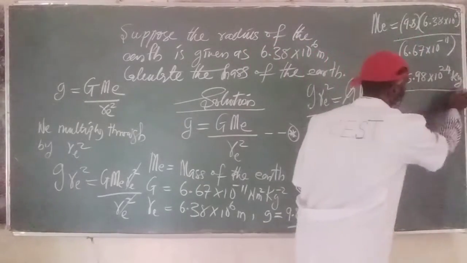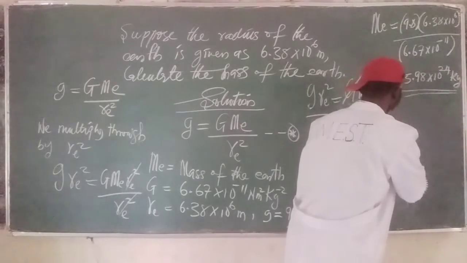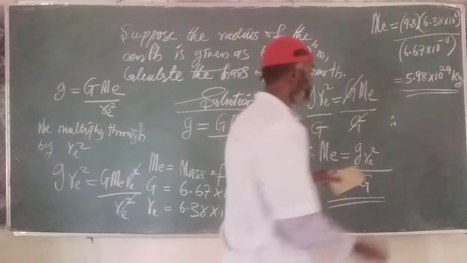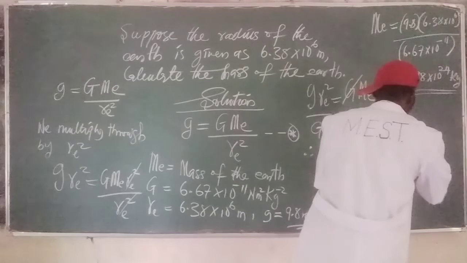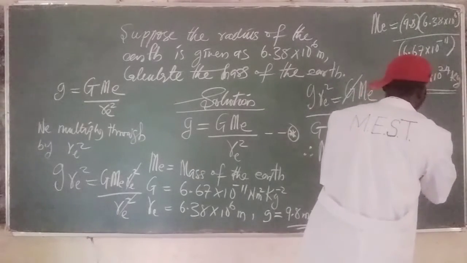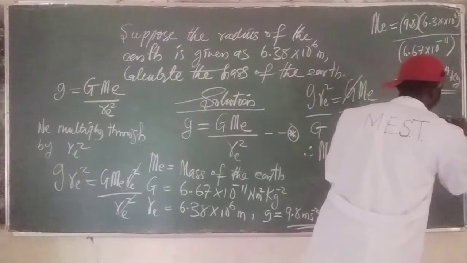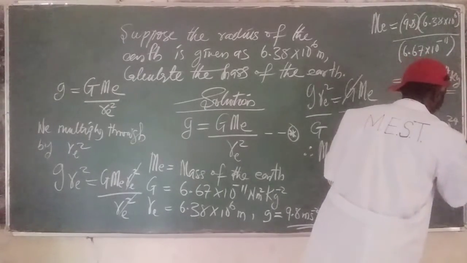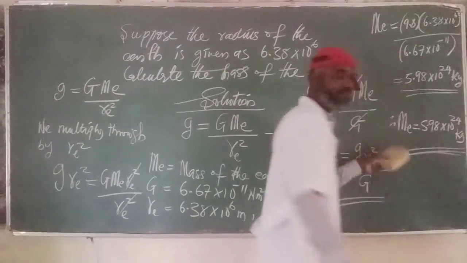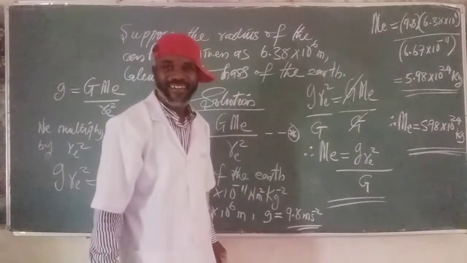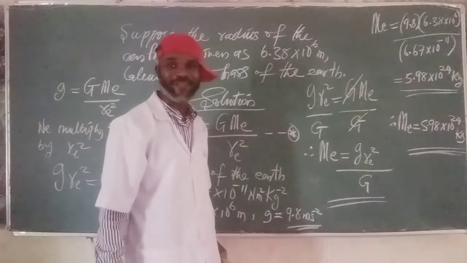Therefore, in conclusion, ME, the mass of the Earth, is given as 5.98 times 10 raised to the power 24 kg. Solved. Hey, this is interesting.